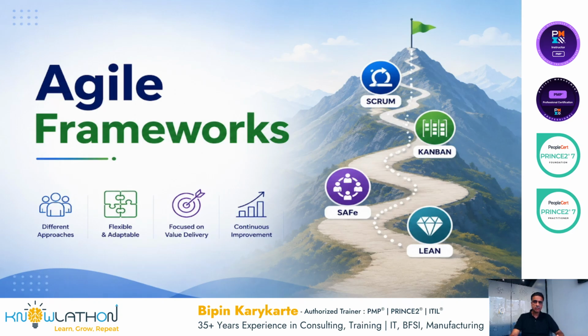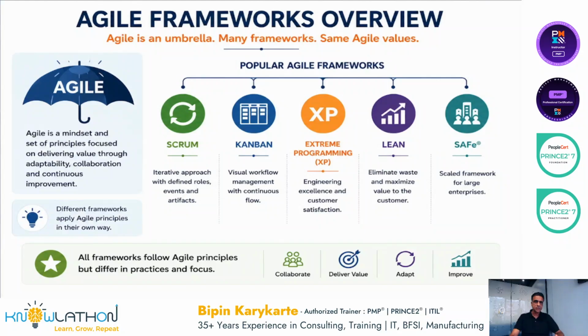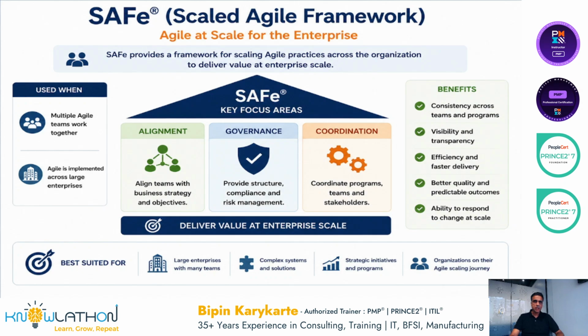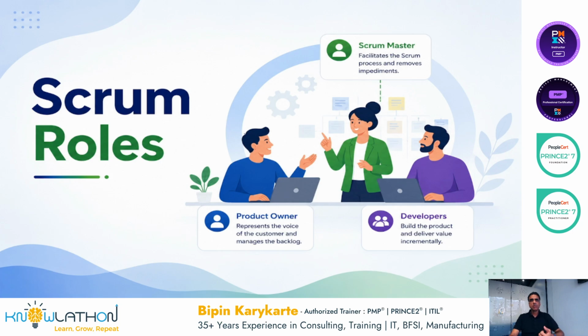We have seen what is Kanban, Safe, Scrum, etc. These are some of the popular ones. And we concluded our last video saying that we'll take Scrum as an example to discuss further, to go into the details, because Scrum is the one which is widely used.